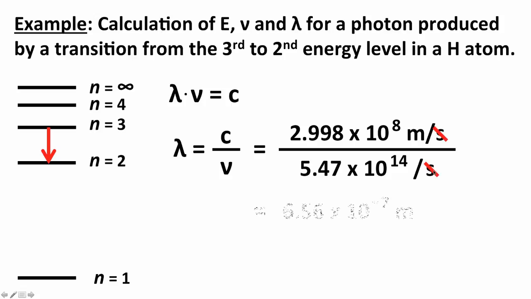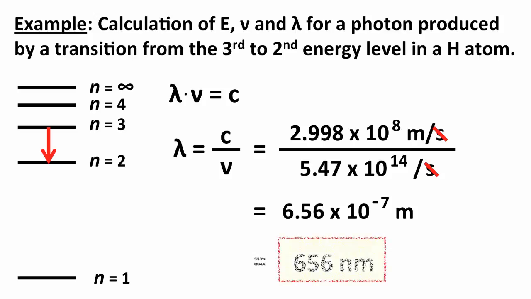Per seconds cancel, giving us 6.56 times 10 to the minus 7th meters for the wavelength of these photons of light. And we often do our wavelengths in nanometers, so this is 656 nanometers. And either of these answers are fine, but it's very common to express our wavelengths for hydrogen in nanometers.